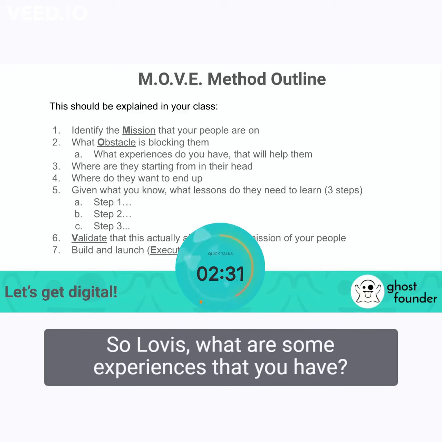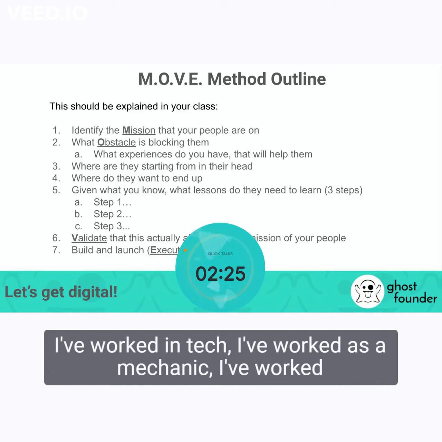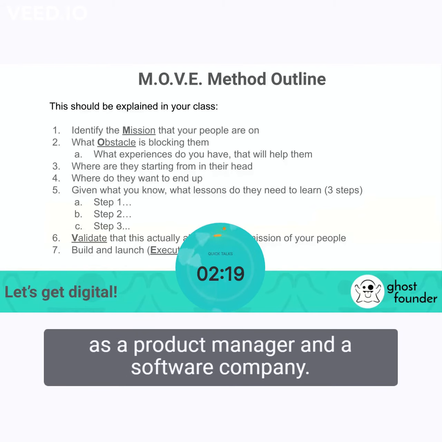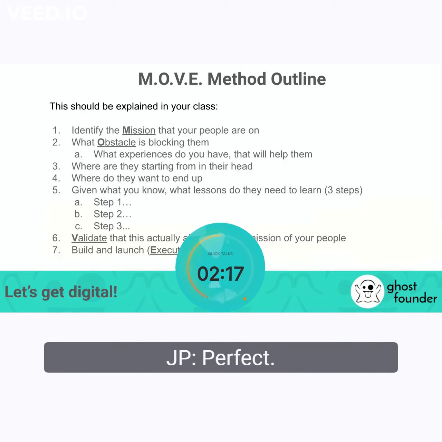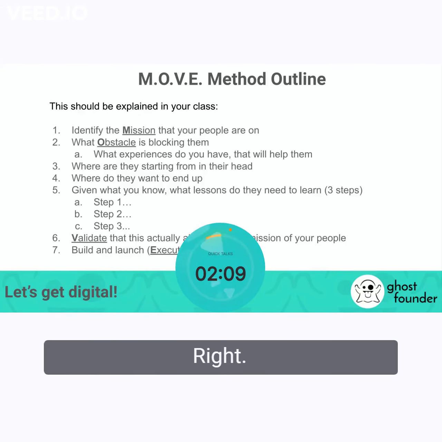Lovis, what are some experiences that you have? I have a bunch of degrees. I've worked in tech. I've worked as a mechanic. I've worked as a product manager in a software company. All right, perfect. So we've got degrees, tech, product manager, software company, mechanic.